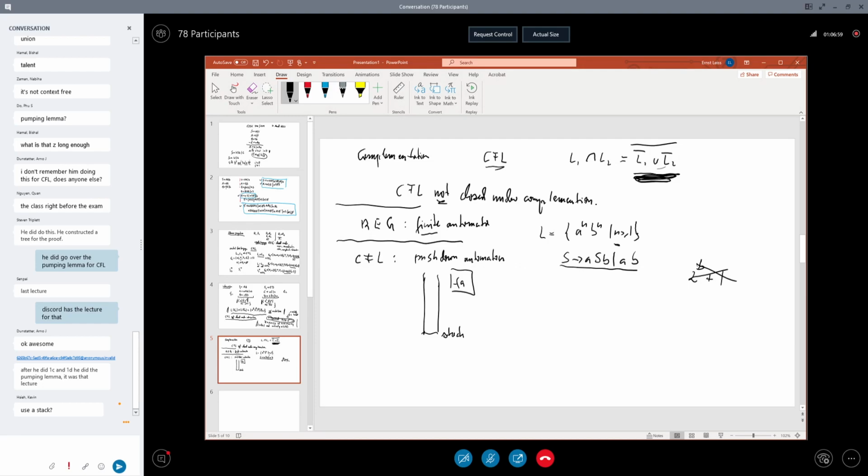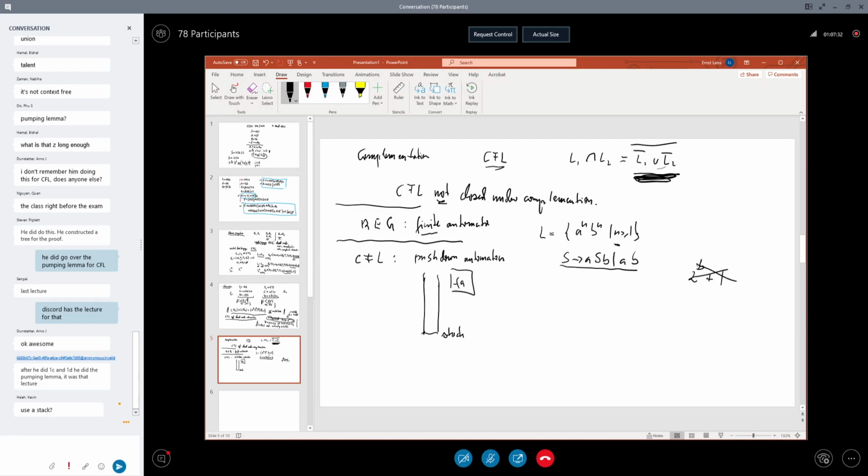So that stack is obviously unlimited, and so you can push n A's onto the stack, and when you see the first little b, you take the last A off the stack, meaning you now match that last A with the first B, and you remove that A from the stack.